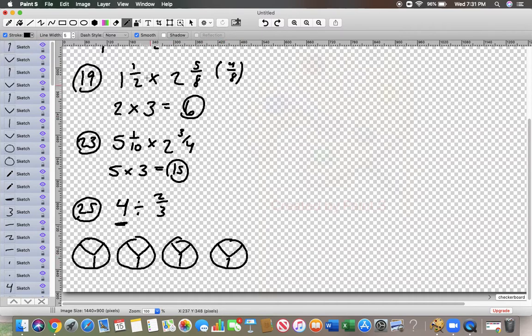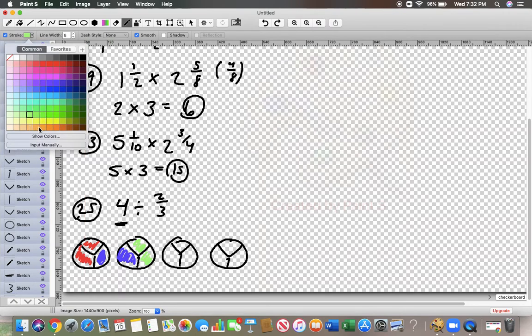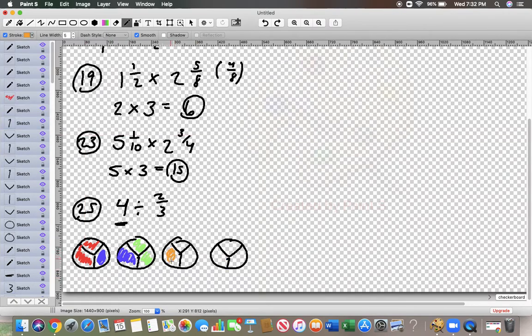So here we go. Let's use our pen up here and get different colors so we can shade them off. So how many sets of 2/3 can I get? Well, there's one set right there. Let's get another color. There's another third and another third. That's 2 sets. And then let's do a green. There's another set. We're up to 3 sets. We've got 4 sets.